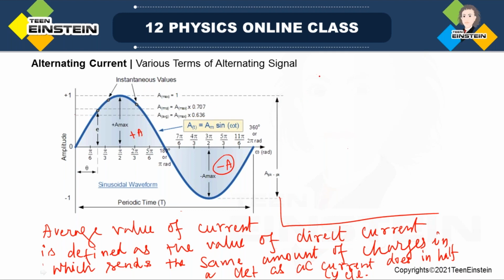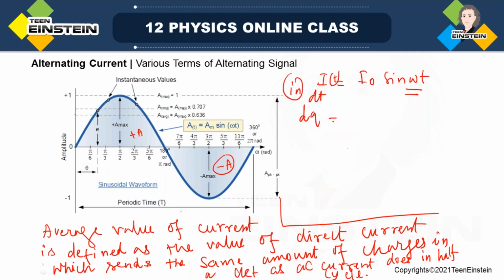Okay, that means if I have the current as I equal to I0 sine omega t, which is obviously a function of time, suppose in any small time dt, the charge it can send in a circuit is dq.